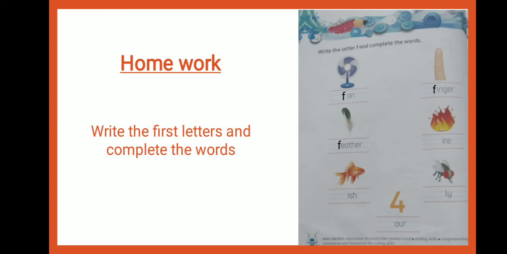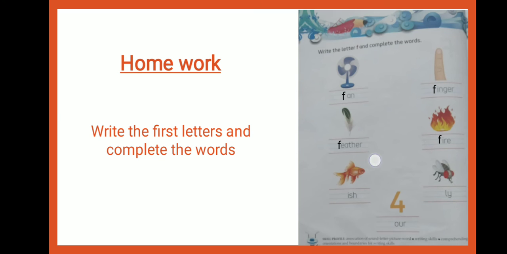Now kids, tell me what is this? Yes, this is fire. And fire starts from? Yes, fire starts from letter F. So we will write small letter F. Now come to next.